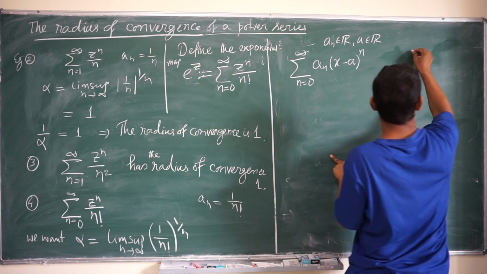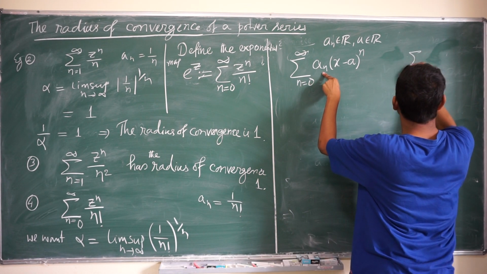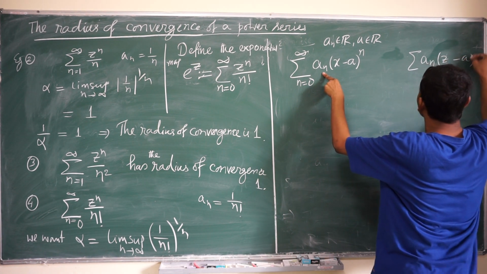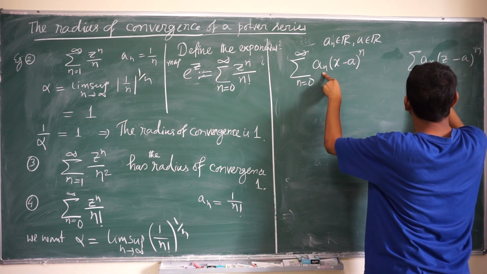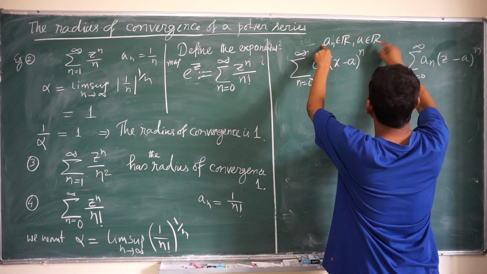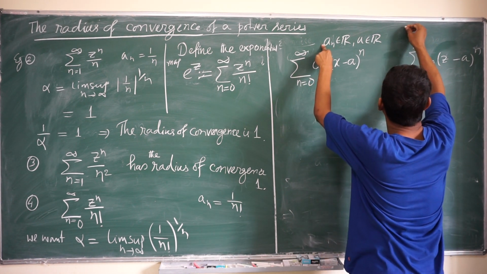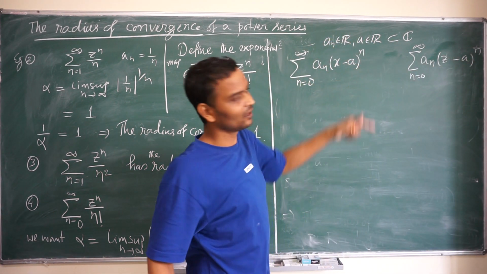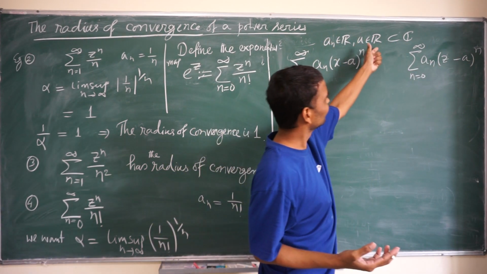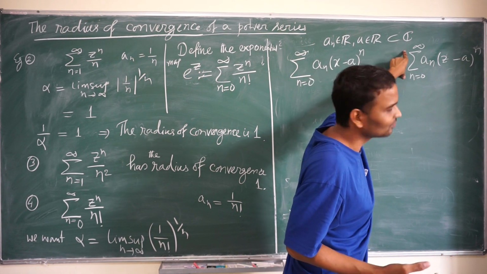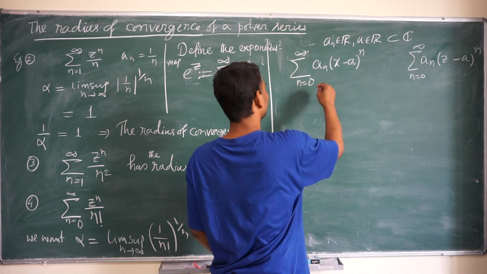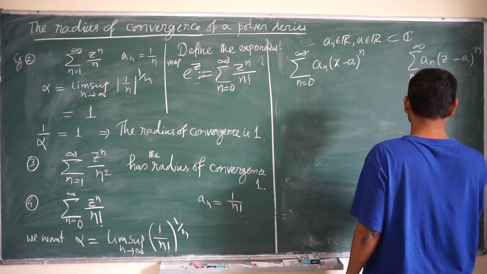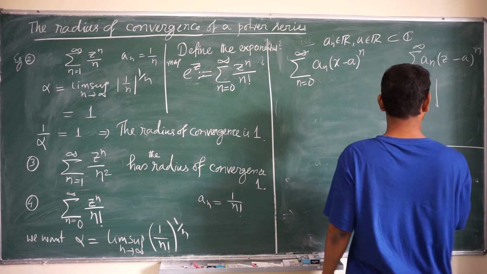And in this case you consider the same thing in z minus a to the power n from 0 to infinity. Since z is in C, and a_n and a are all real numbers inside complex numbers, this also makes sense. So, as I mentioned, you have a disk centered at a.